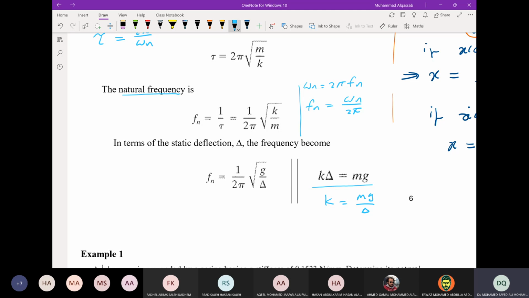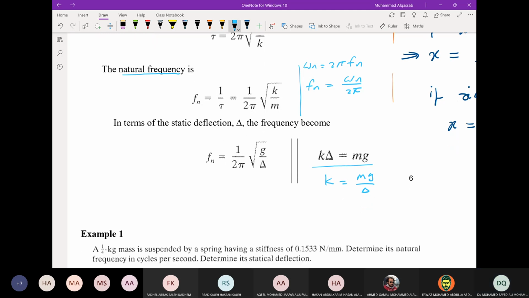Delta is the statical deflection. And as you can see from this equation, if you can only measure the statical deflection, you can find the natural frequency.